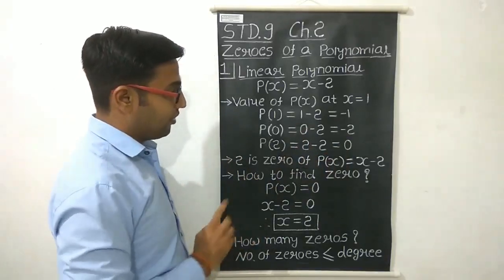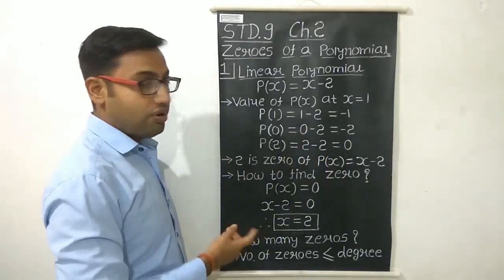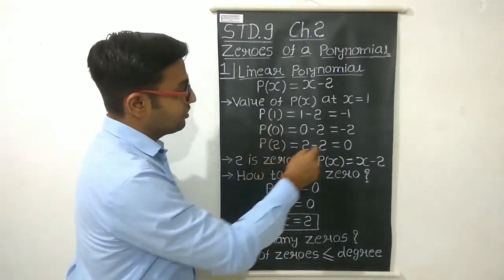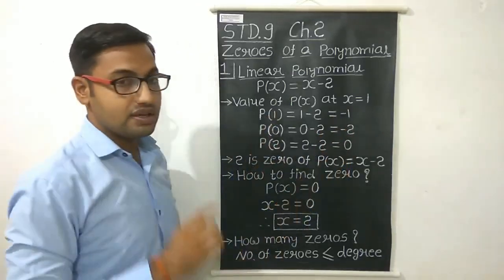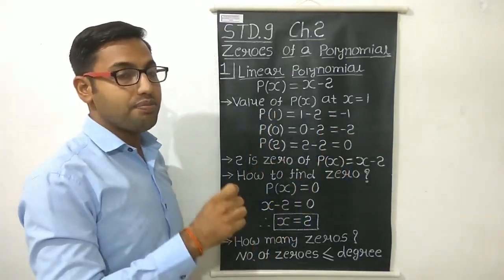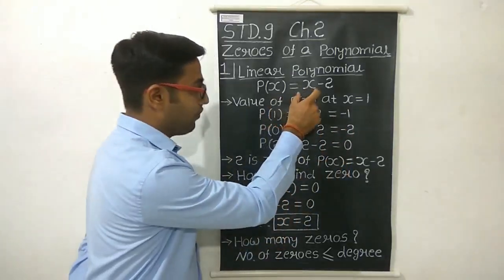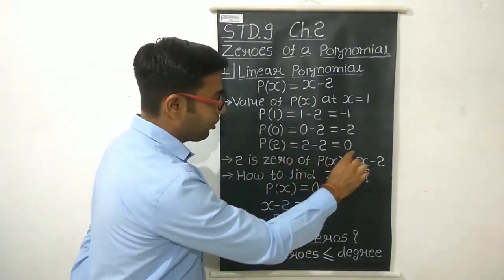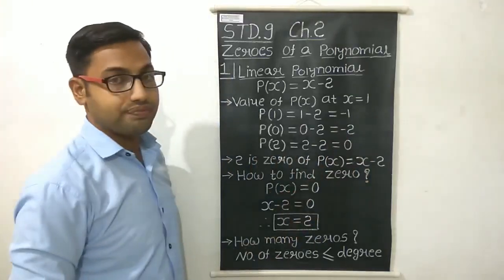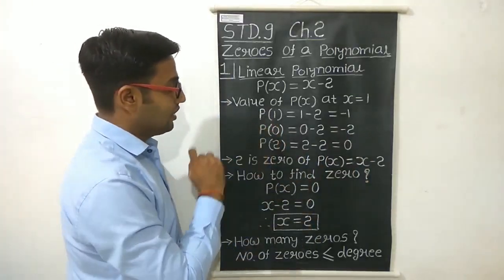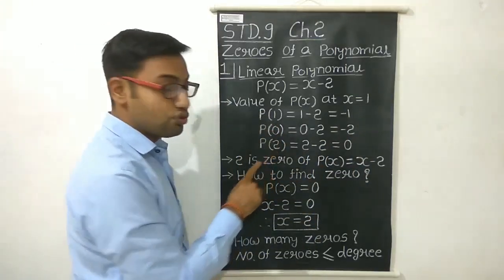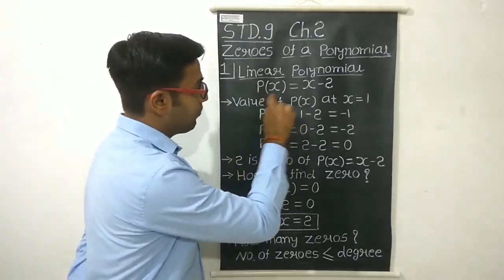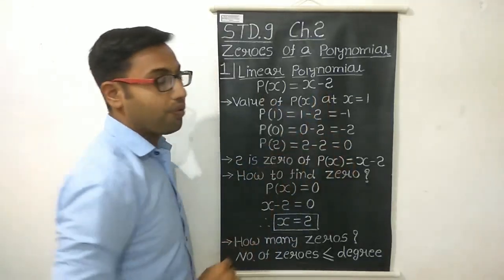So now, as we know, when we change the value of x, we get different values, but for some particular values of x, the total value of the polynomial is equal to 0. In this case, if we put x is equal to 2, then this given polynomial becomes 0.